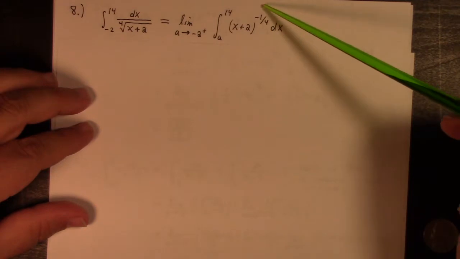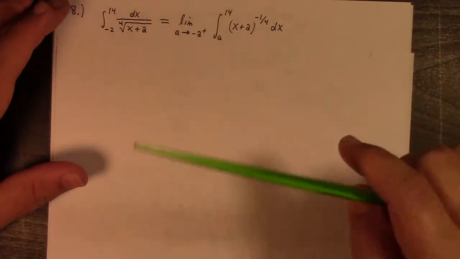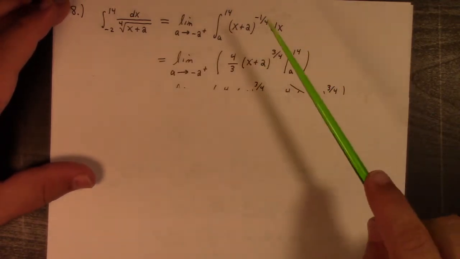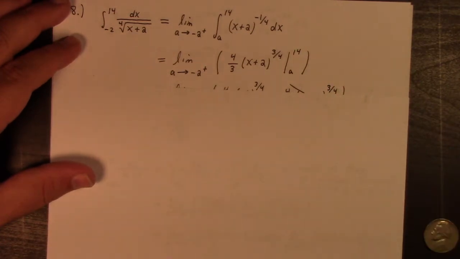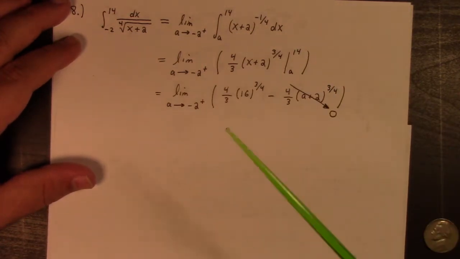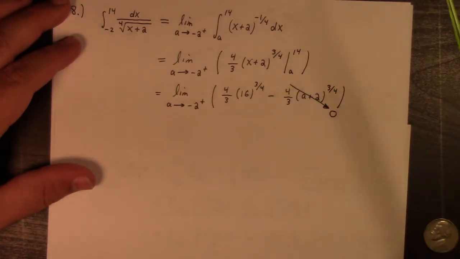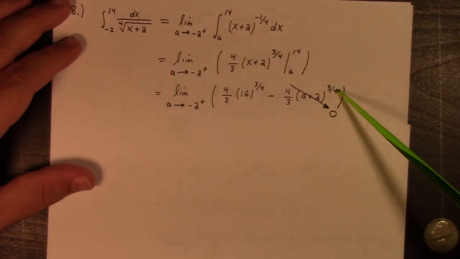Minus 1/4 power plus 1 gives me 3/4, so I should get a 4/3. Let's see here, scroll down a bit. So we get 4/3 (x plus 2) to the 3/4. We evaluate from a to 14. What's that give us? Well, that gives us 4/3 times 16 to the 3/4 power, minus 4/3 times (a plus 2) to the 3/4 power.